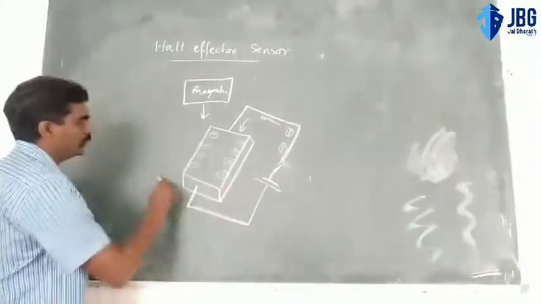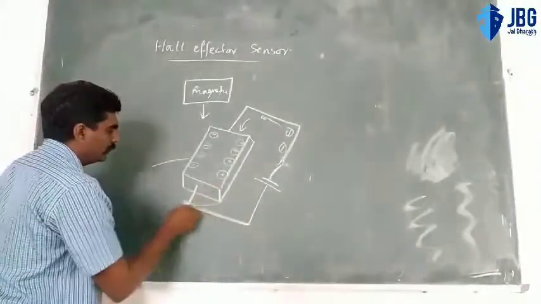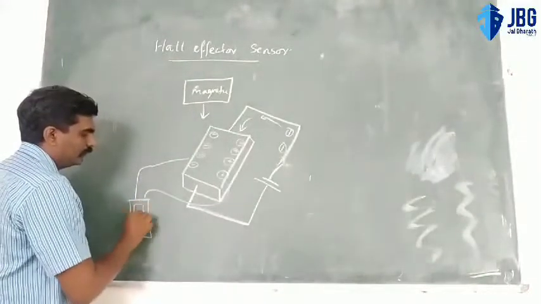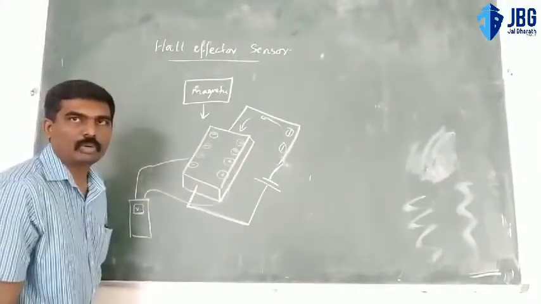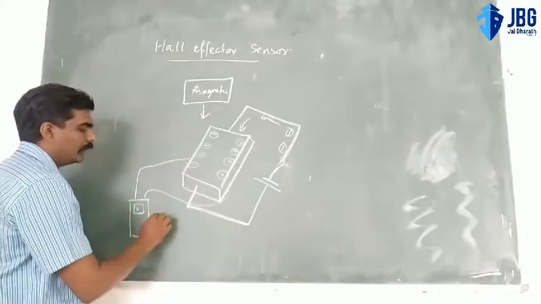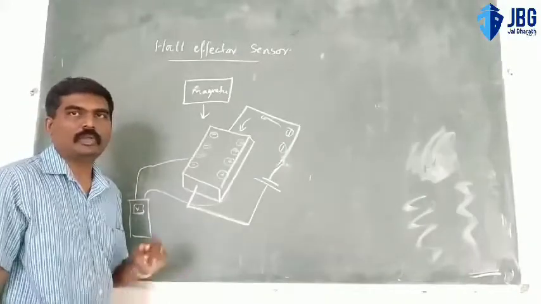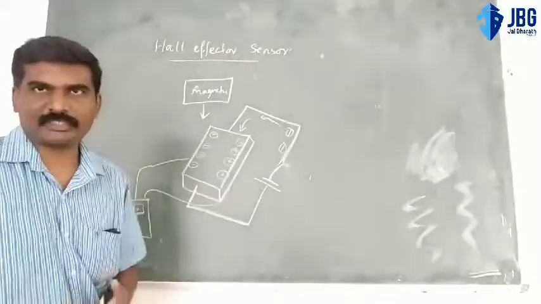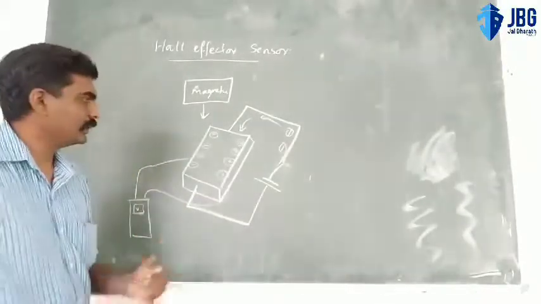And if we measure this potential with a multimeter, we get some small voltage, and that voltage is called the Hall voltage, and that process is called the Hall effect.